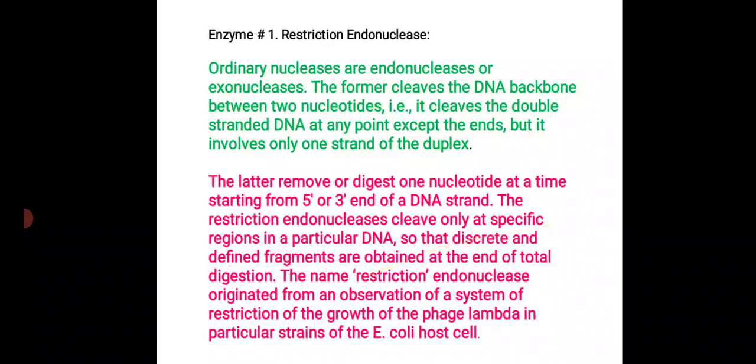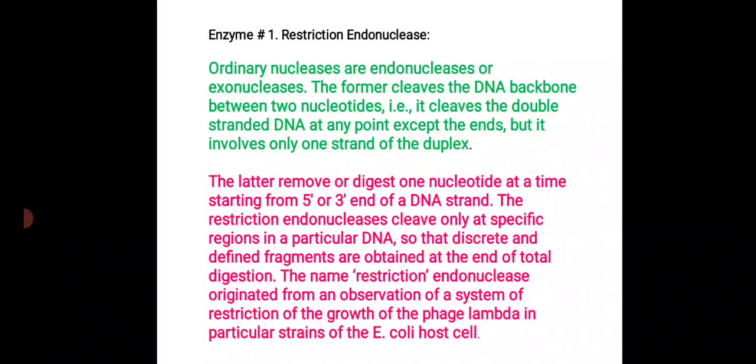Ordinary nucleases are endonucleases or exonucleases. The former cleaves the DNA backbone between two nucleotides, that is, it cleaves the double stranded DNA at any point except the ends, but it involves only one strand of the duplex.